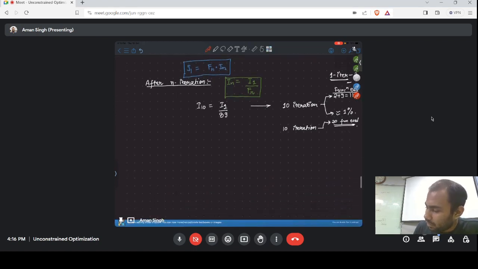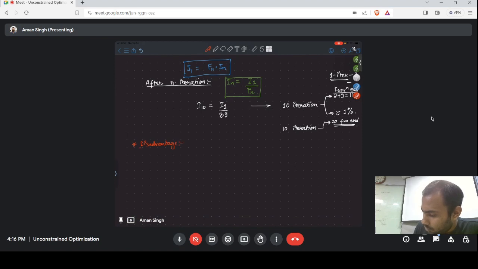But there is also a disadvantage, which is somehow very obvious here. Let's say we want to find a minimum with some tolerance. So we are given a tolerance, and we should be able to find n with that tolerance.